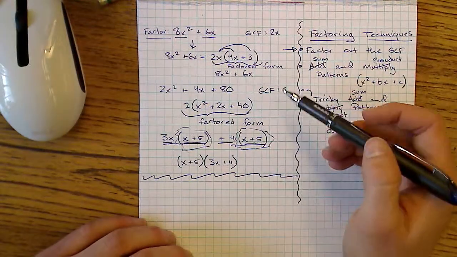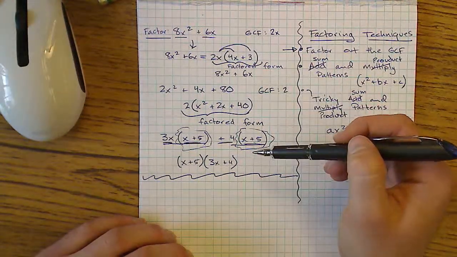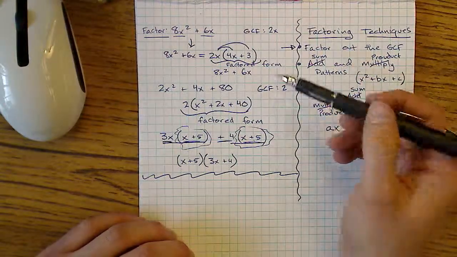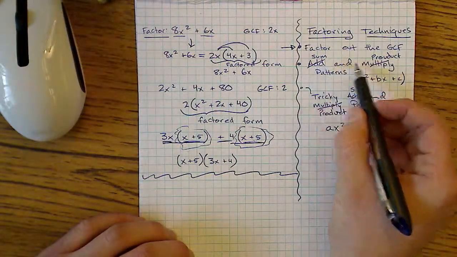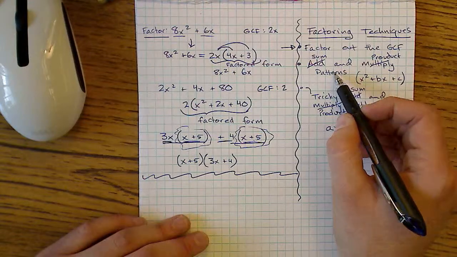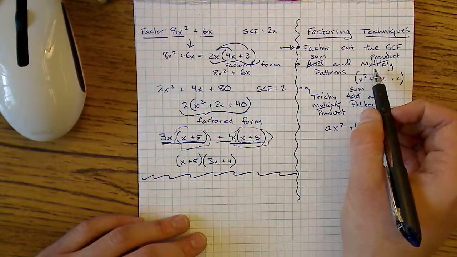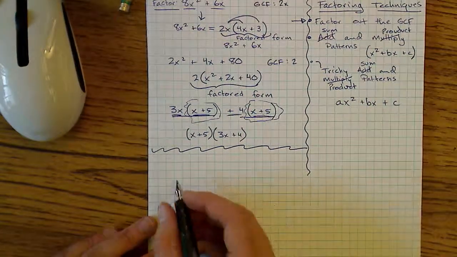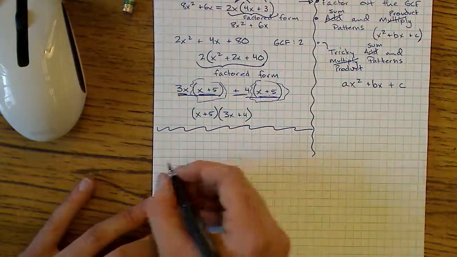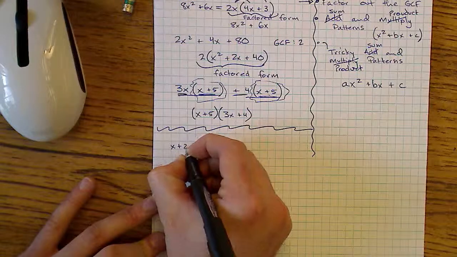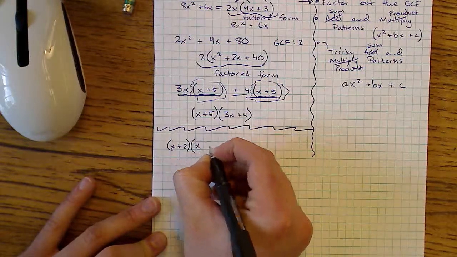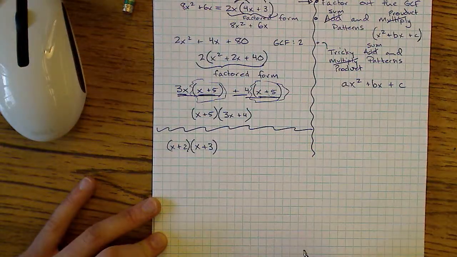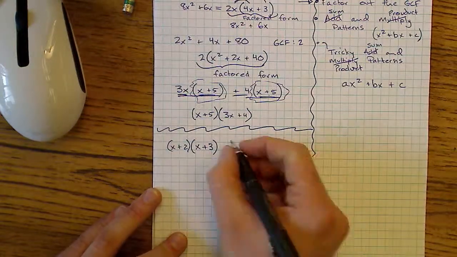You can't factor every factorable expression just by doing that. Sometimes you have to know the sum and product patterns. I crossed out add and multiply because the nice term for that is sum and product. Here's what the sum and product patterns are. First, we start with an expression in factored form and expand or simplify it.